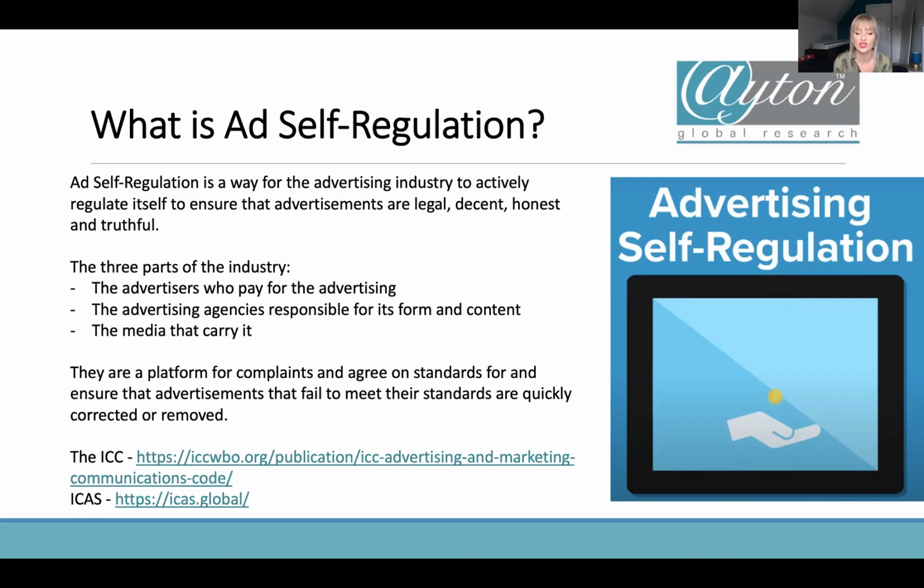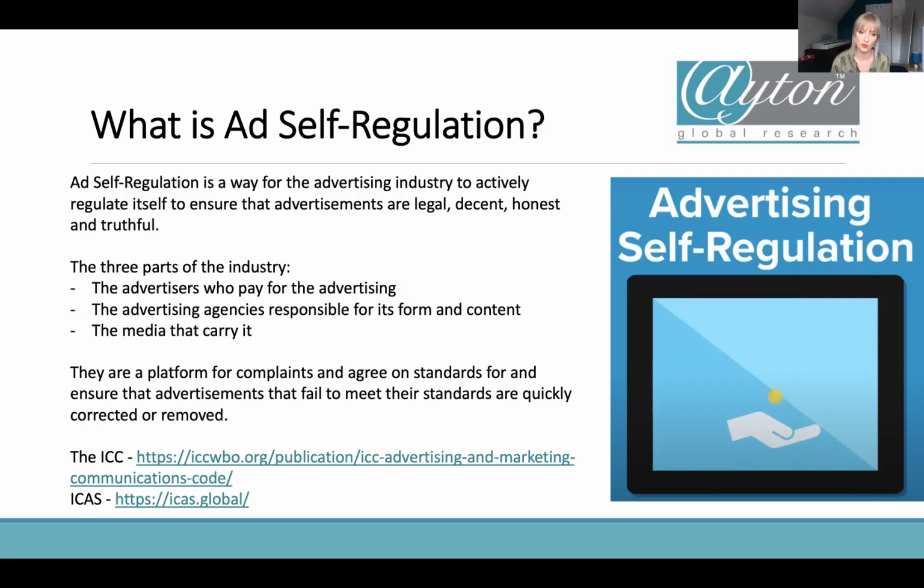There's also the International Council of Advertising Self-Regulation, or ICAS. They were set up by the European Advertising Standards Alliance, but they are a global organization. They're essentially a council for all of these self-regulatory bodies to come together, share codes of conduct, and share a way of working, but they also share news updates.